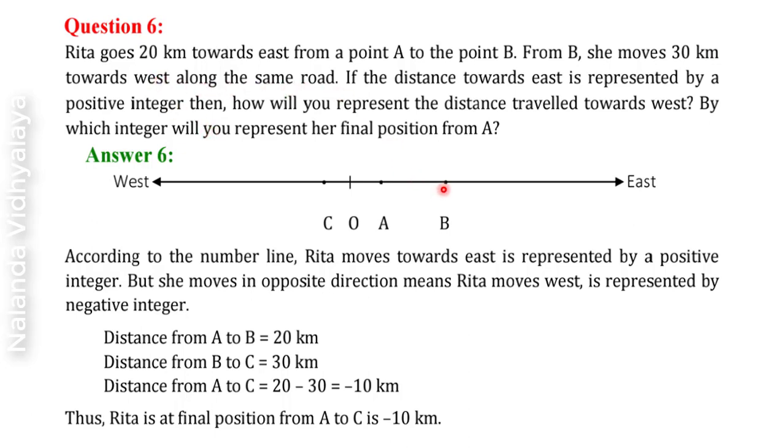From B, Rita comes 30 kilometers to the west side. If the distance towards east is represented by a positive integer, then how will you represent the distance traveled towards the west? By which integer will you represent her final position from A?